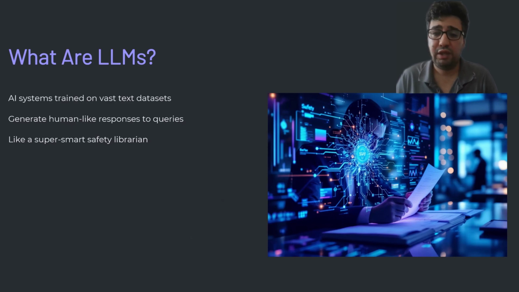We don't have to be a programmer or a techie to interact with these systems, and they can give us very complex answers that look like they were generated by humans.